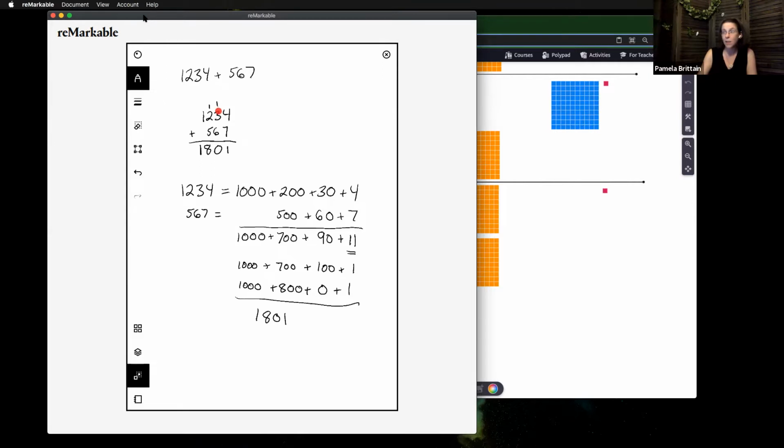And we can see this up in our algorithm represented by our regrouping. We had an extra group of tens or ones, so we moved that over into our tens. We had an extra group of hundreds, extra group of tens, so we moved that over into another group of our hundreds and moved this up.